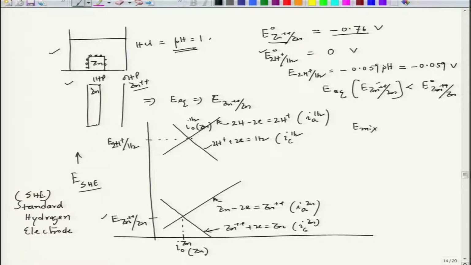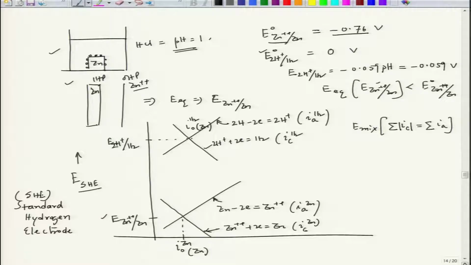So, we will find E mix where I will have summation of IC equal to summation of IA.